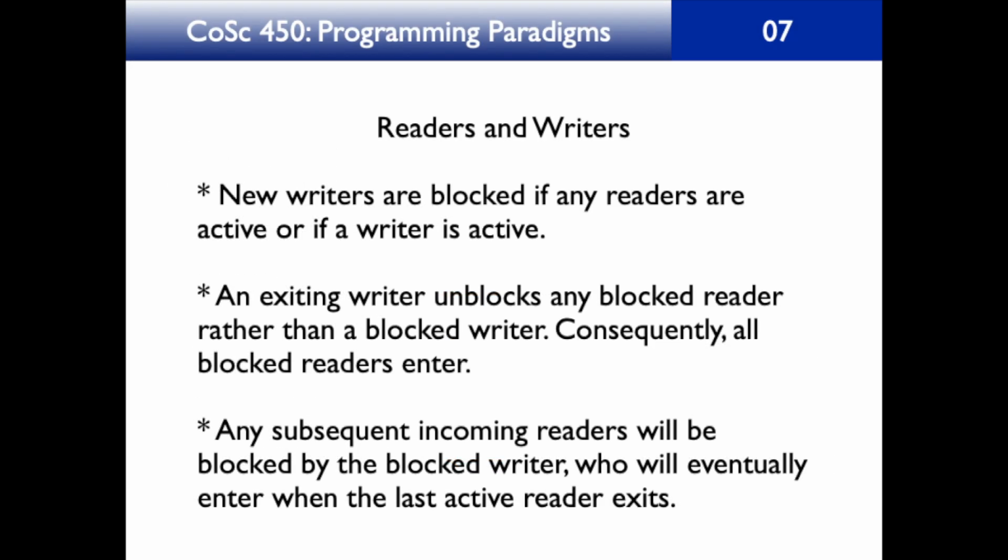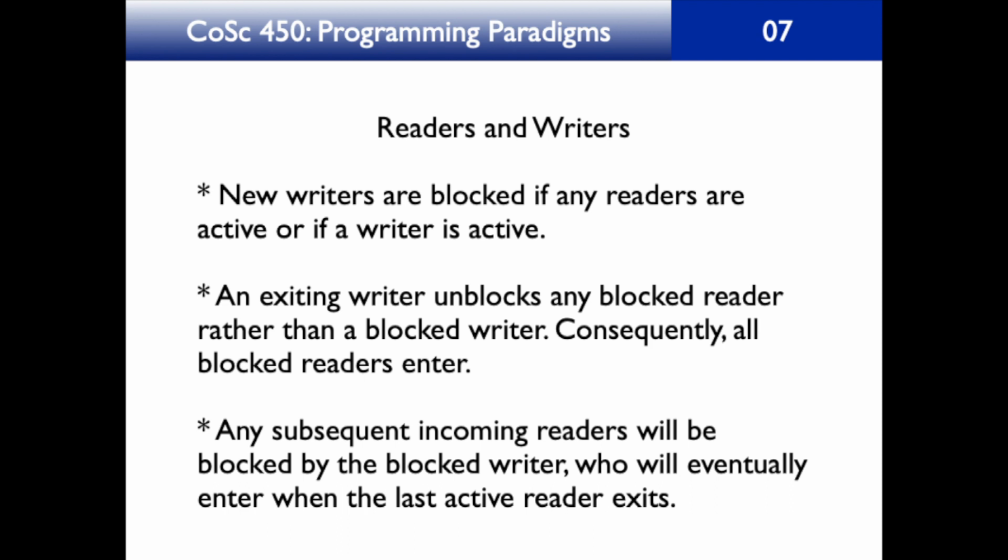So that code establishes this second point. An exiting writer unblocks any blocked reader rather than a blocked writer, and consequently all blocked readers enter. That's kind of like a cascading effect that we will illustrate in a minute with this scenario.